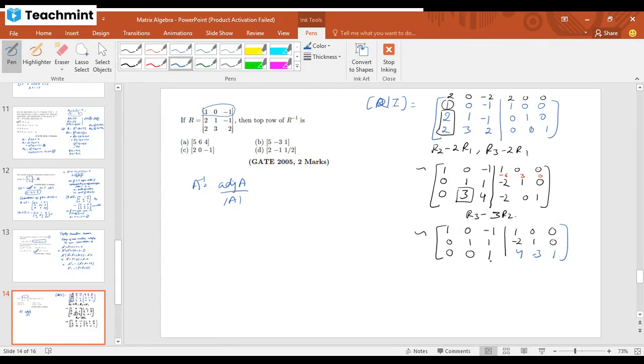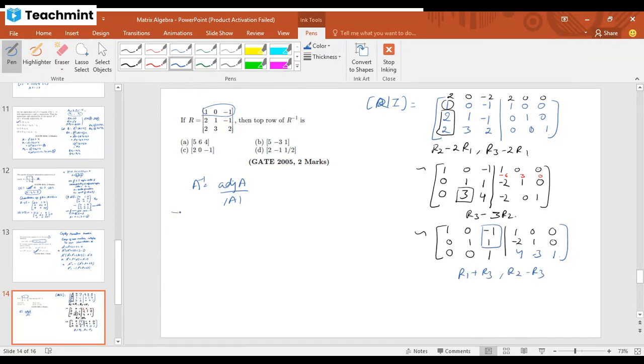Now, because you can see here it is a row equivalent form, the rank of this matrix is 3. It means matrix A is invertible. Now, to reduce it into the identity matrix, we need to make these two entries 0. So we can apply the operations R1 plus R3, since minus 1 plus 1 is 0, and R2 minus R3.